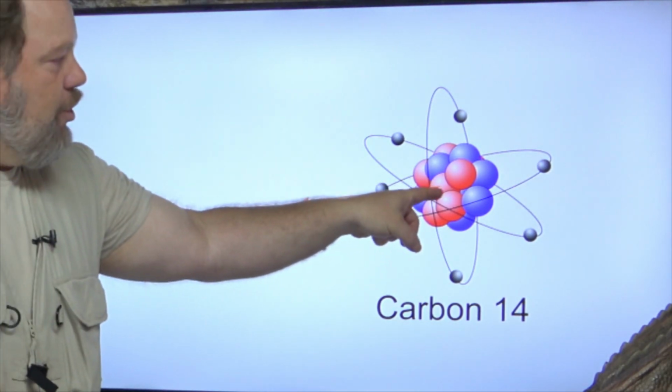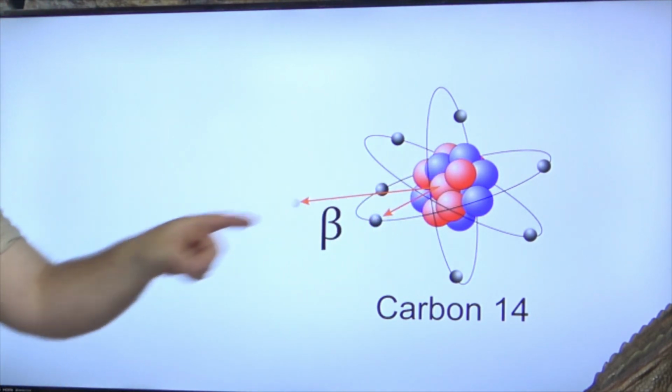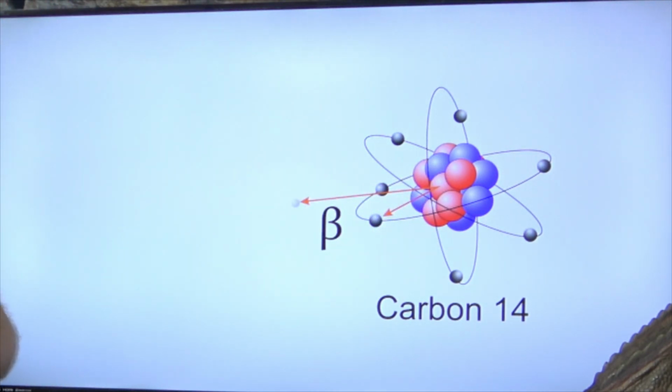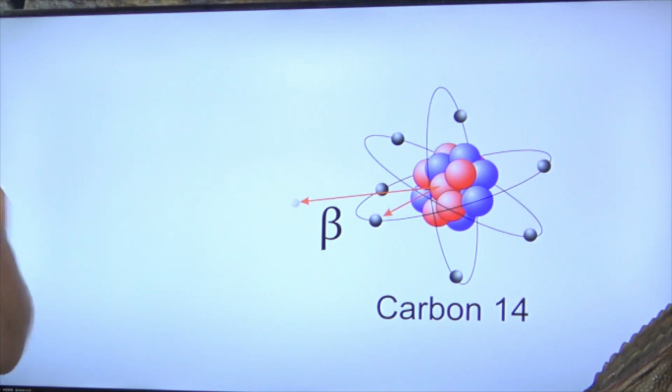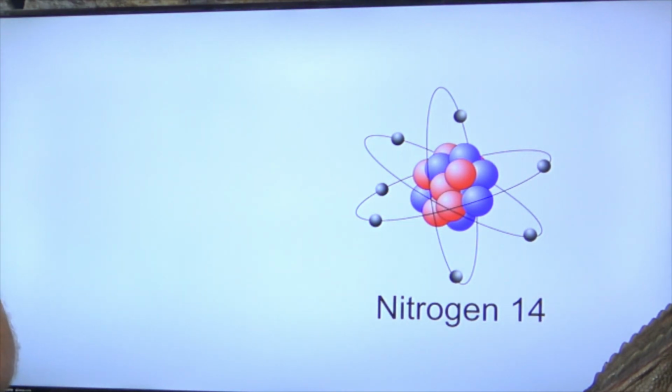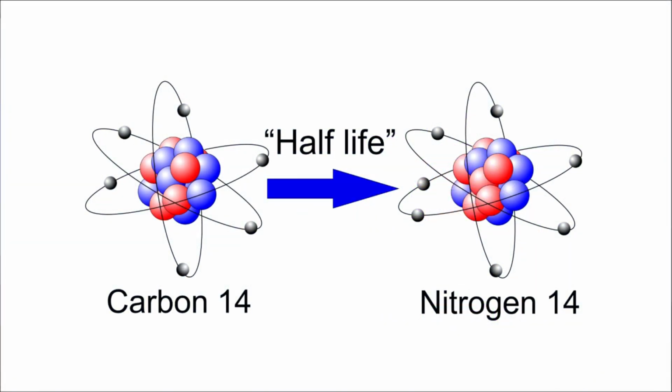It breaks down into a proton and emits an electron and an antineutrino. Now the atom has 7 protons, 7 neutrons, has radioactively turned into a nitrogen-14 atom. So this process of turning into a completely different element or isotope is called transmutation.